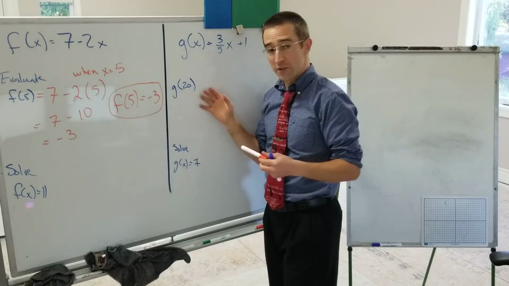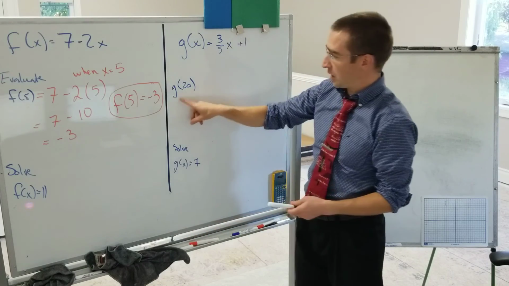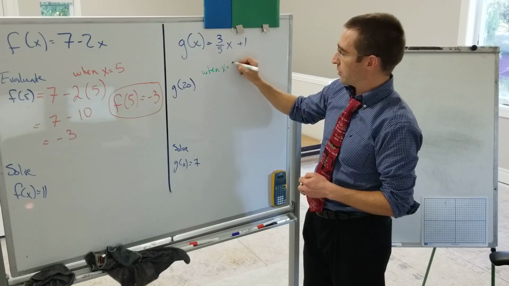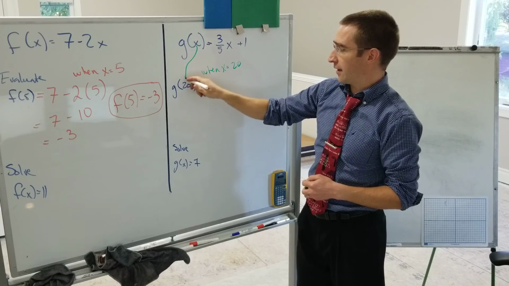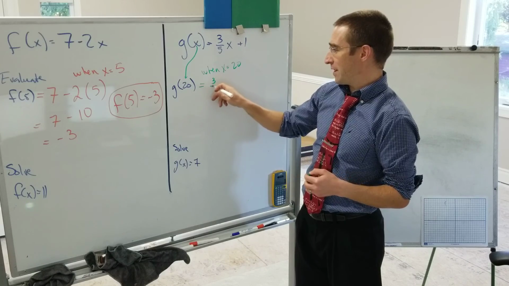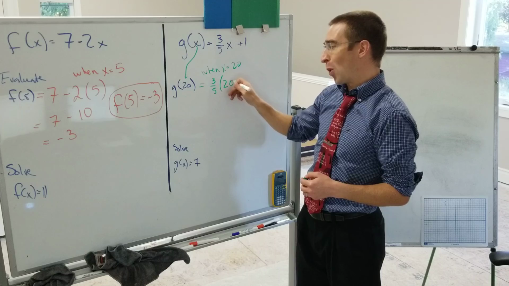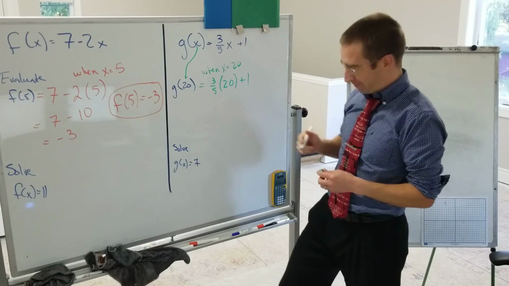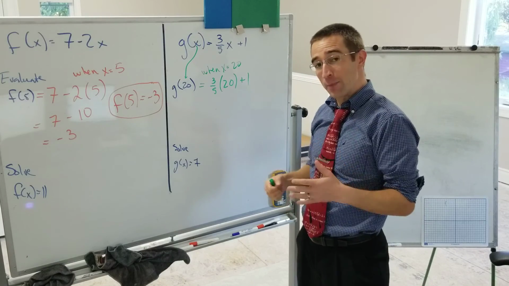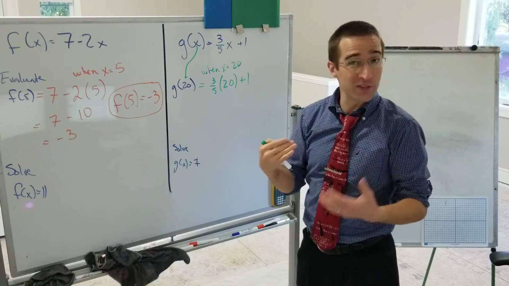Cool. Let's look at the g function. So here we go. It's g of 20. So this means when x equals 20, because instead of an x, there's a 20 there. So it's 3/5 times 20 plus 1. Okay, well, we've got a fraction here. And remember, a fraction is a division problem in disguise. 3/5 is 3 divided by 5.